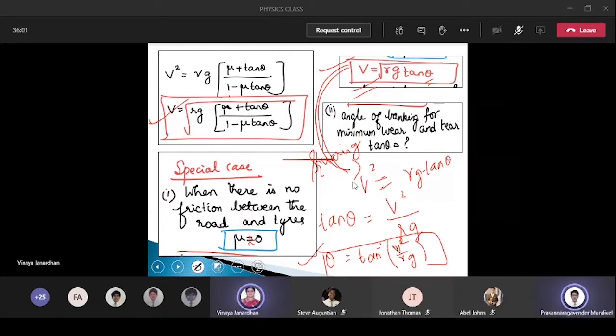Ma'am, is this the end of the chapter? No, one small topic is there, bending of cyclist, and then a graph is there. I think most probably I'll be starting the new chapter, work, energy, and power, by tomorrow. I just want to confirm in this, V is the maximum velocity, yeah? Correct.